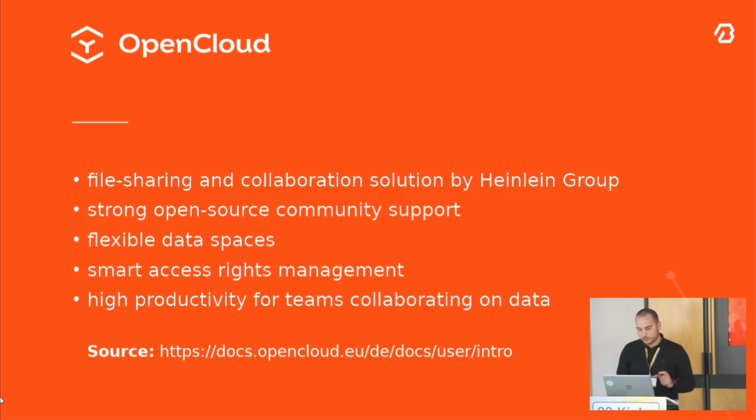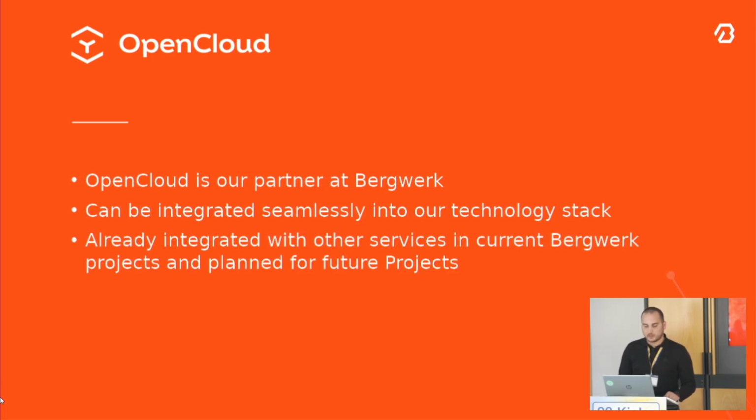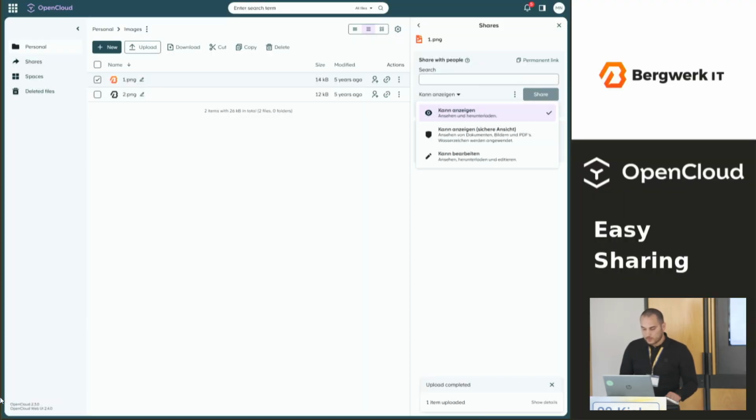We'll go one by one in the coming sections. Opencloud is also our partner at Bergwerk, can be integrated seamlessly into our technology stack, is already integrated with other services in current Bergwerk projects and planned for future projects also.